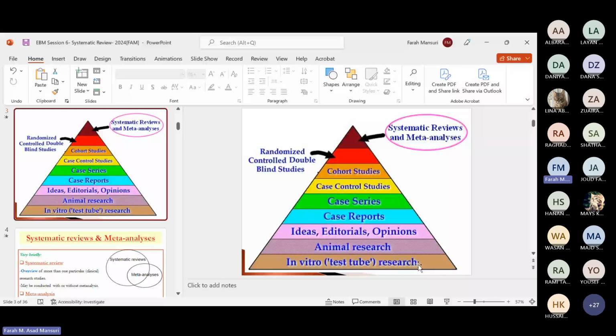Whenever you are looking for some research article, you will first look for its design.